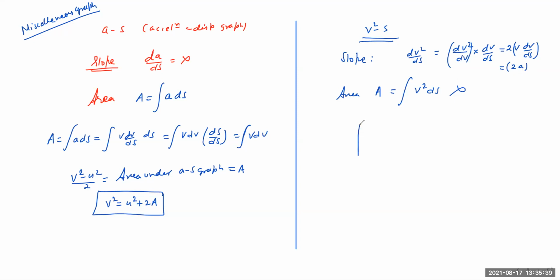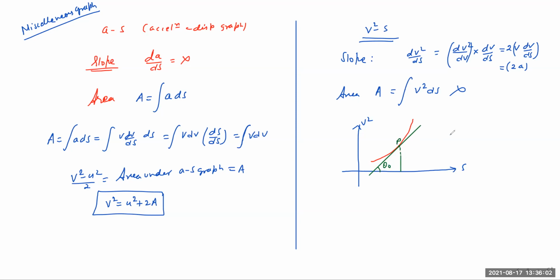What does it mean? Imagine I plot some random v square versus s graph, and draw a tangent somewhere, with the tangent at angle theta naught.